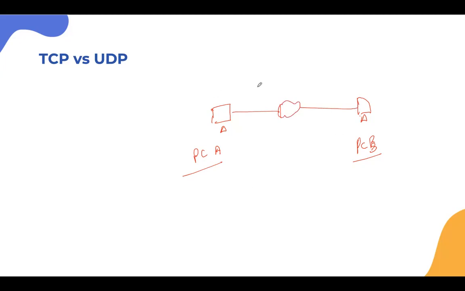What happens here is PCA is not sending to PCB. Now listen to this carefully. There is an application, let's call this application 1, which is sending data to an application, that is application 2 on PCB. Does this make sense?